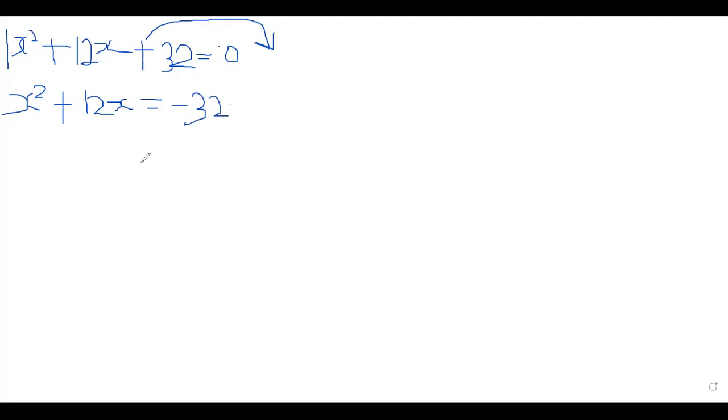Remember, we have plus 32; when you take it over, it is minus 32 now, because it is crossing over an equality sign.